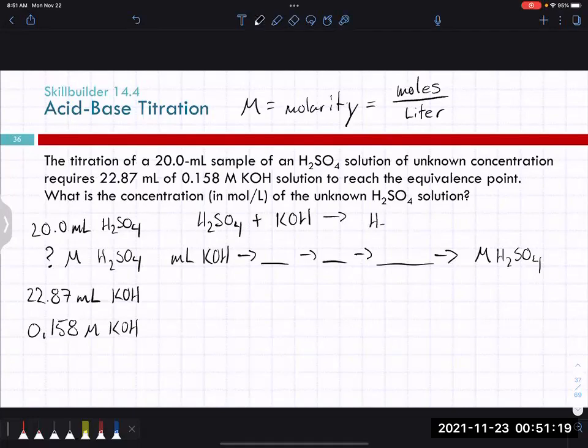Our products are going to be, as they always are, water and a salt. K2SO4 will be our salt. But because we have two hydrogens that we need to remove from H2SO4, we're going to need twice the potassium hydroxide. We're going to produce twice the amount of water.